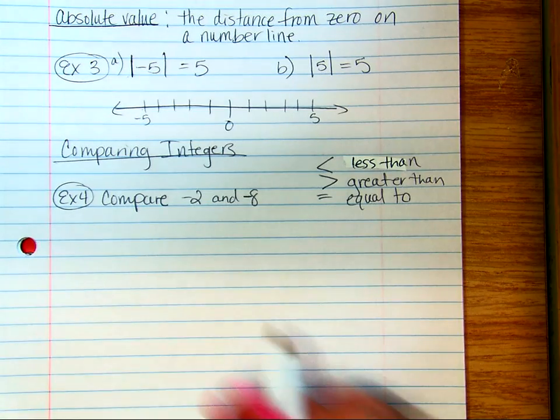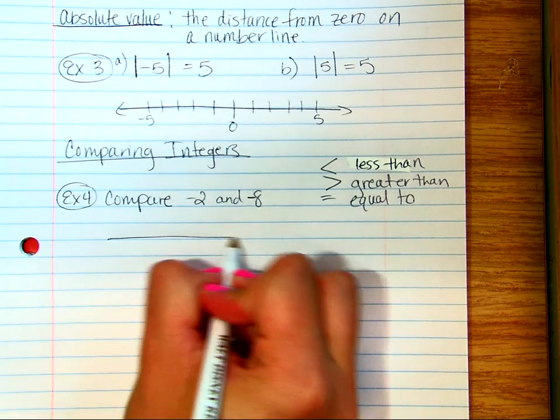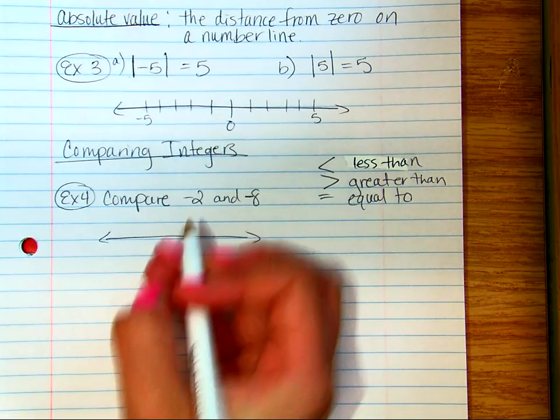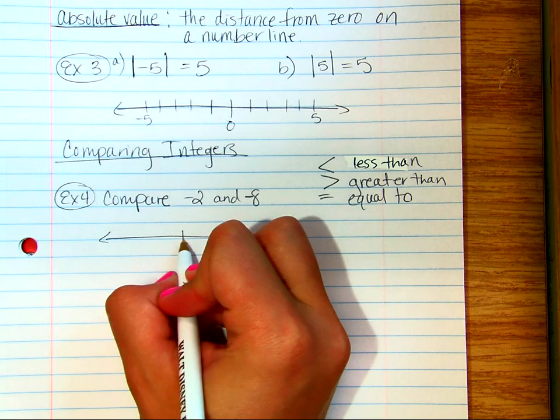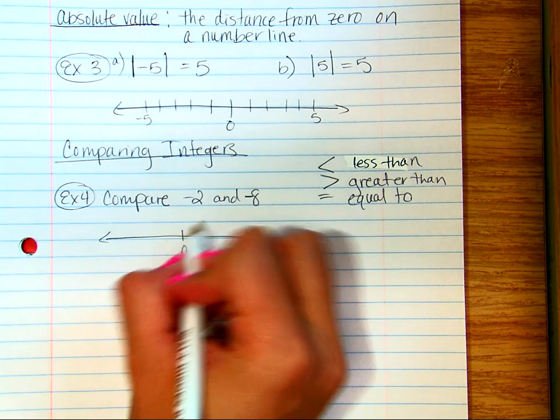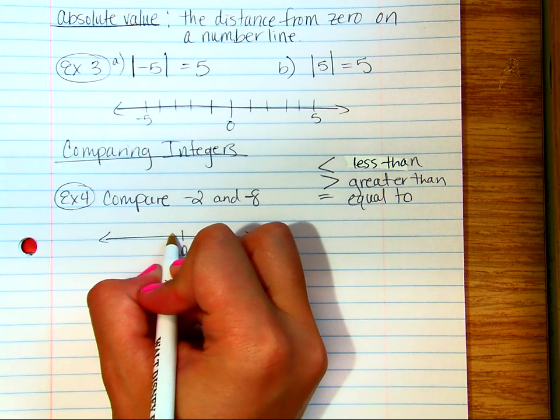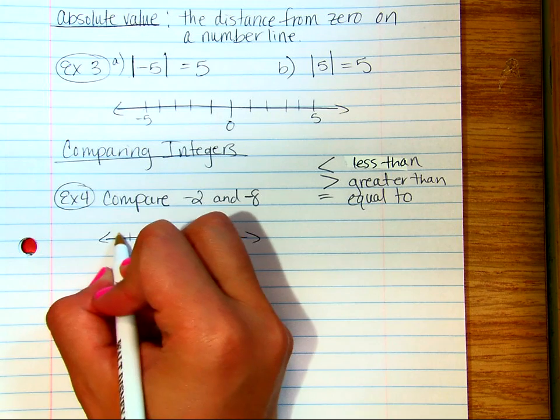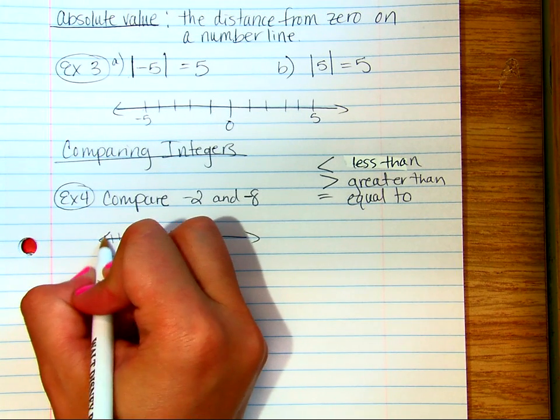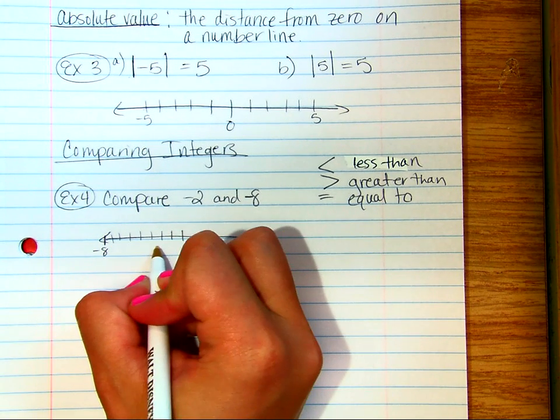Some of you might know the answer to that already. However, we're going to look at a number line. So I'm going to put 0 here, and I'm going to plot both of these points. -1, 2, 3, 4, 5, 6, 7, 8. Here's -8. Here's -2.